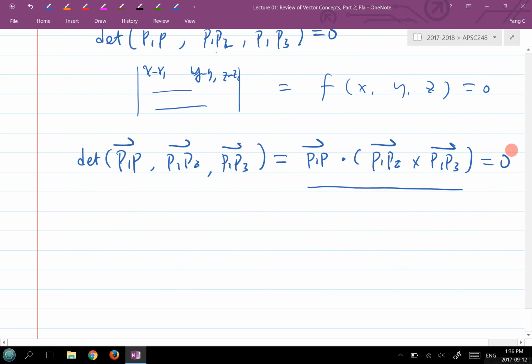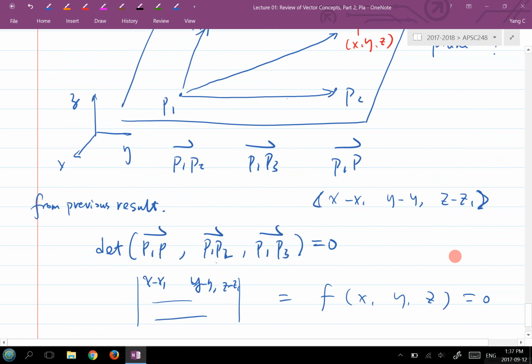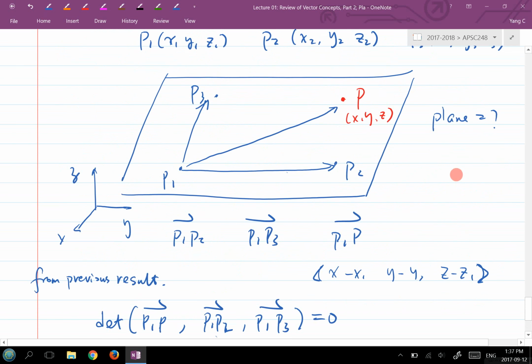Let's extend from this expression slightly. Now think about what is inside the bracket. It's P1P2 cross P1P3, right? So if you look at the diagram here, what does P1P2 cross P1P3 represent?